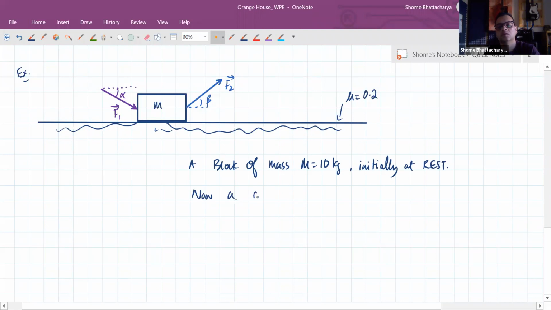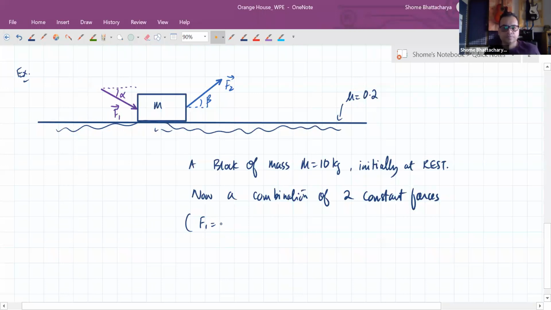Now a combination of two constant forces such that F1's magnitude is equal to 200 newtons, and this angle alpha is 37 degrees. F2's magnitude is 250 newtons and beta is equal to 53 degrees.